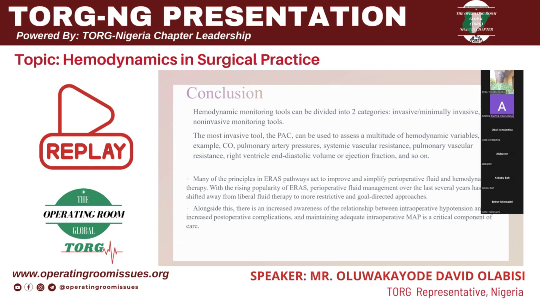For example, carbon dioxide, pulmonary artery pressure, and cardiac output, systemic vascular resistance, pulmonary vascular resistance, and the right ventricle end diastolic volume or ejection fraction, and so on.